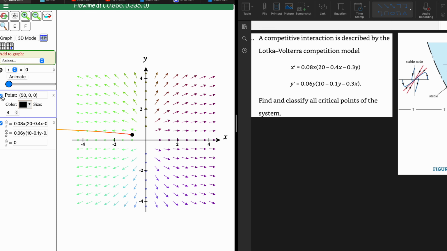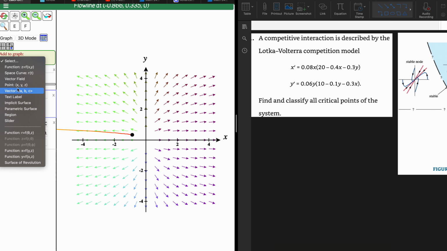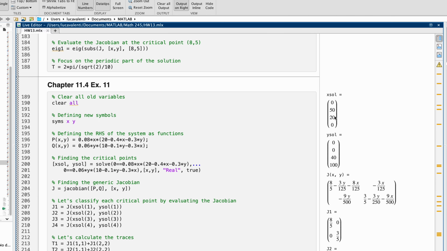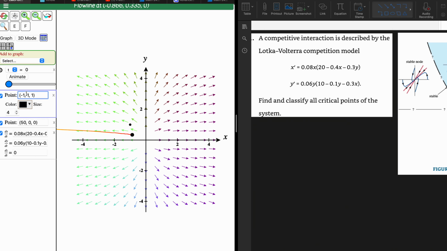And that's not in there yet because we have to change the window. We'll say that this point, we'll make this red. This point right here is going to be 20 and 40. So 20 here and 40 here and 0 here.